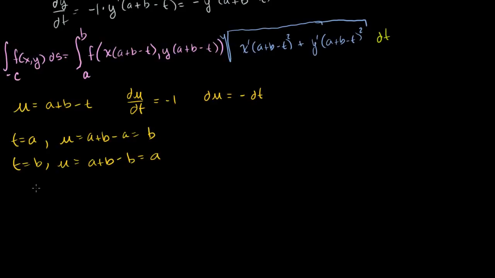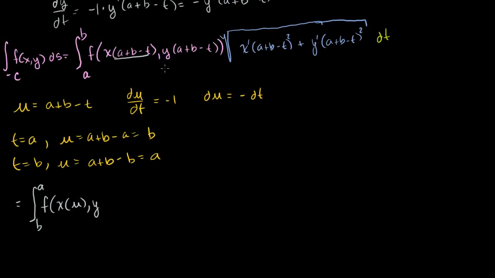And it changes our integral. This integral is going to be the same thing as the integral from u, when t is a, u is b. When t is b, u is a. And f of x of, this thing right here is just u, x of u. So it's simplified a good bit.